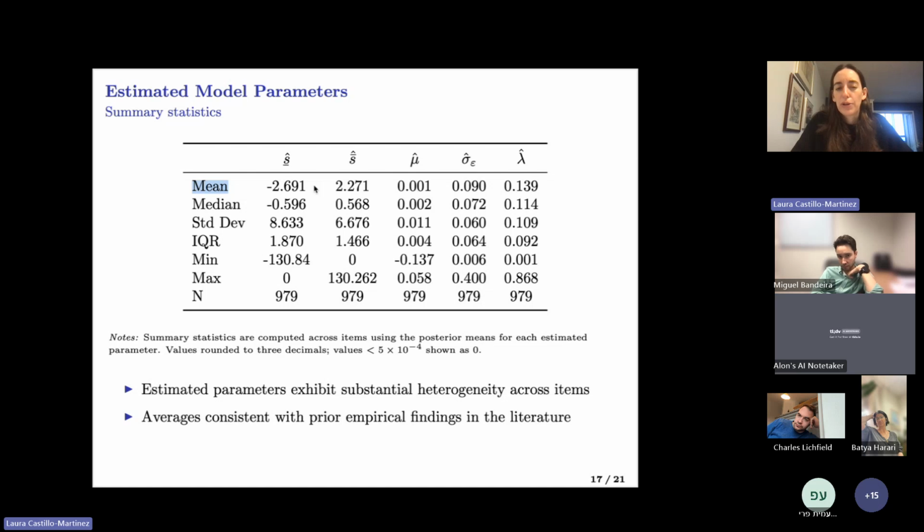It doesn't really matter whether you're using US data or UK data or some other papers looking at European data. What we find is that on average, trend inflation in a monthly setup is something like 0.1%. The volatility of idiosyncratic shocks is 9%.